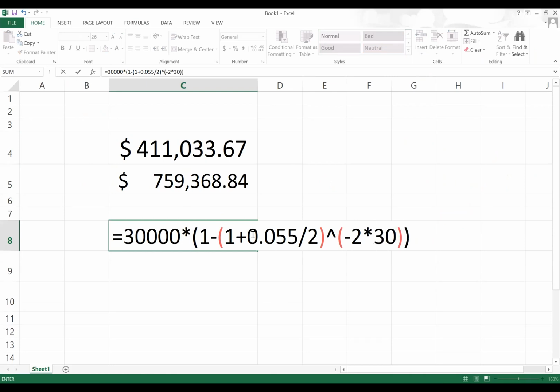Okay, and close parentheses, that will take care of the numerator, and divide by the denominator, which is the compound interest rate per period, 0.055 by 2. Okay, and now once you input it properly, you should be able to get the fund we need, right?